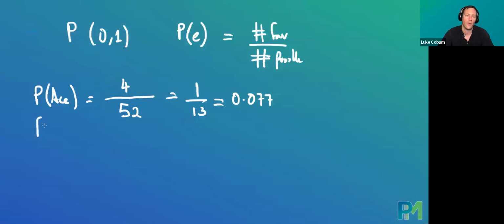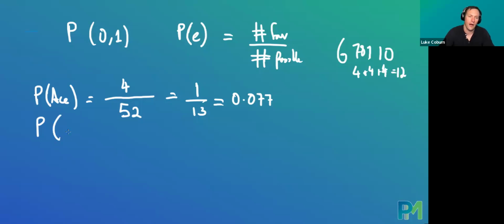For example, we could ask what's the probability of getting a card that's between 6 and 10? What's between 6 and 10? 7, 8, 9. How many sevens are there? There are 4. How many eights are there? Another 4. And nines, another 4. So this is 12.